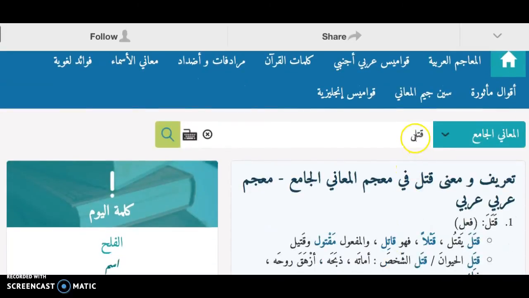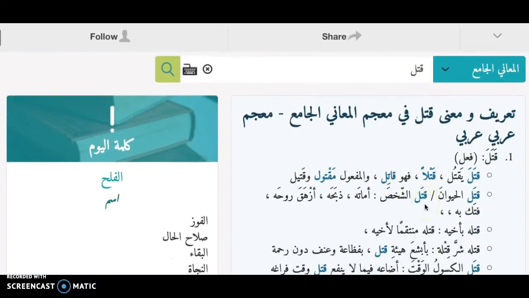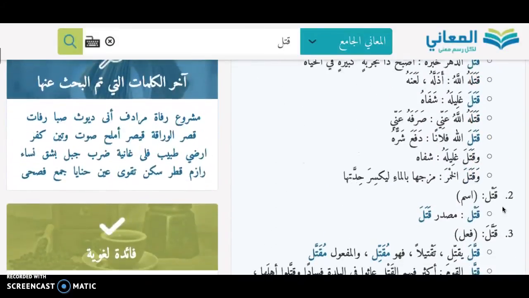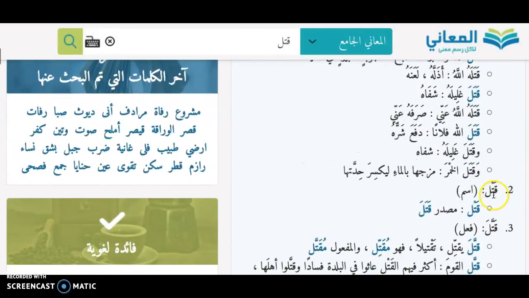We're here to see this word, qatal, right? Qatala, yeah. This is the word. Once you add the tashkil, it becomes the word. Here is just a root. Could be qatala, or number 2, you can see here, could be qatl, which is something else. It's masdar.